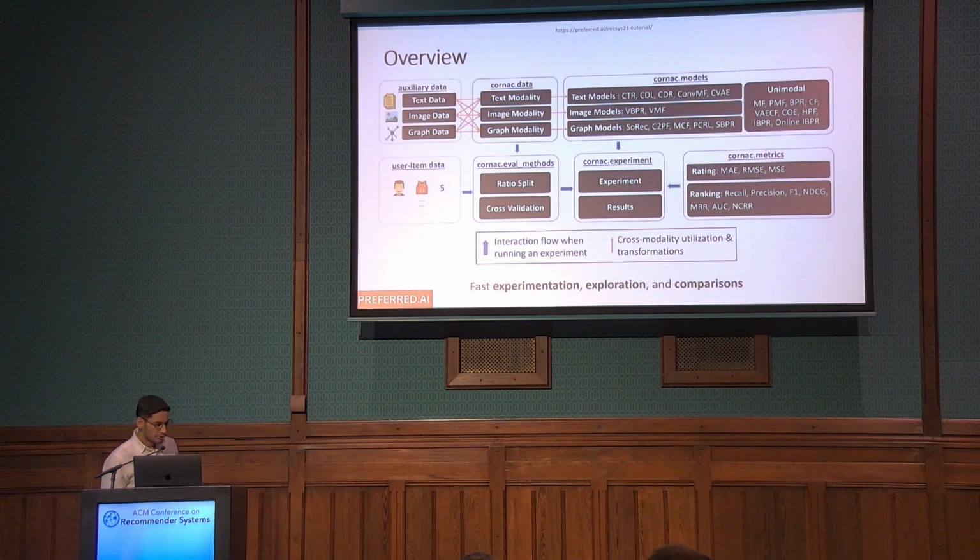Okay, so here is an overview of Cornac. There are mainly five modules. There is the data module that will help you handle different types of data and modalities. You have the Cornac models, which offer a rich collection of recommendation models, both those integrating additional data and the basic models, which are good baselines to assess if adding some new information brings additional value.